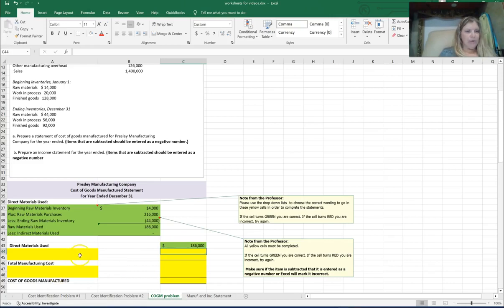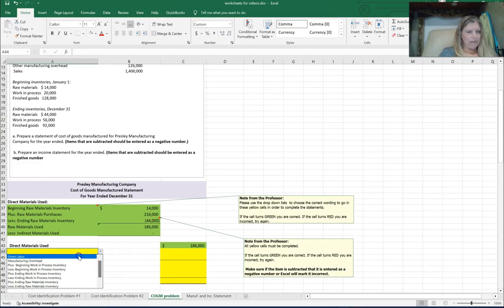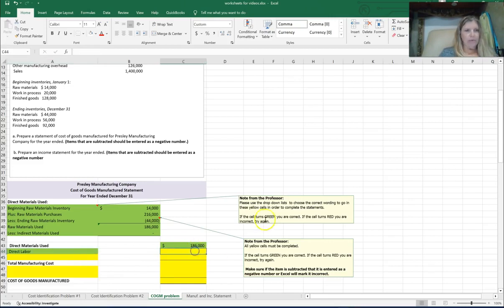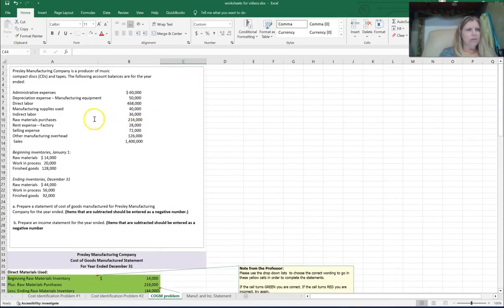And then direct labor would be the next thing that we're going to figure out, and I remember seeing that up here, so let's go back up here and see how much that was. Direct labor was $468,000.